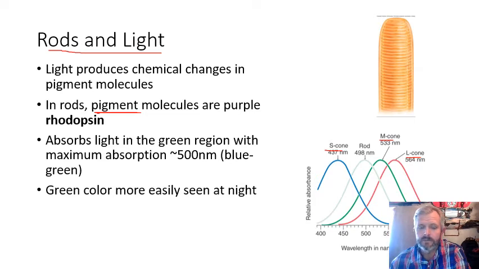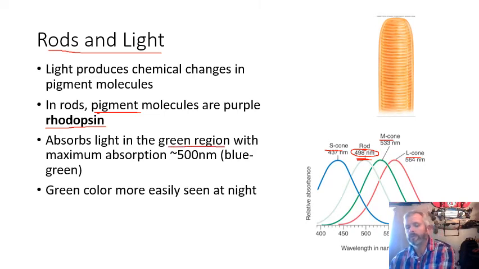In the rods, we have rhodopsin. You can see where they absorb. Their highest absorption is around 498, almost like a purple or a light green, the blue-green region. At night when we're using our rods, one of the colors we can see best is green, because green light lies right around that area, so we can see it more easily at night.